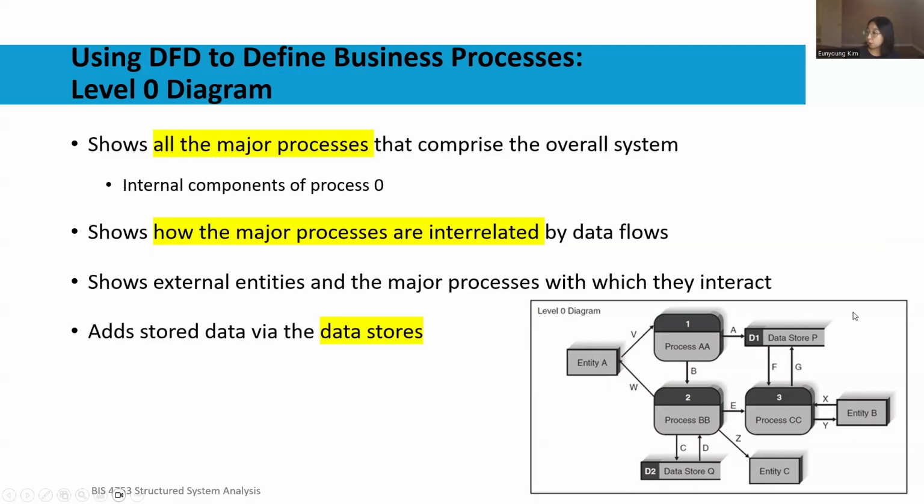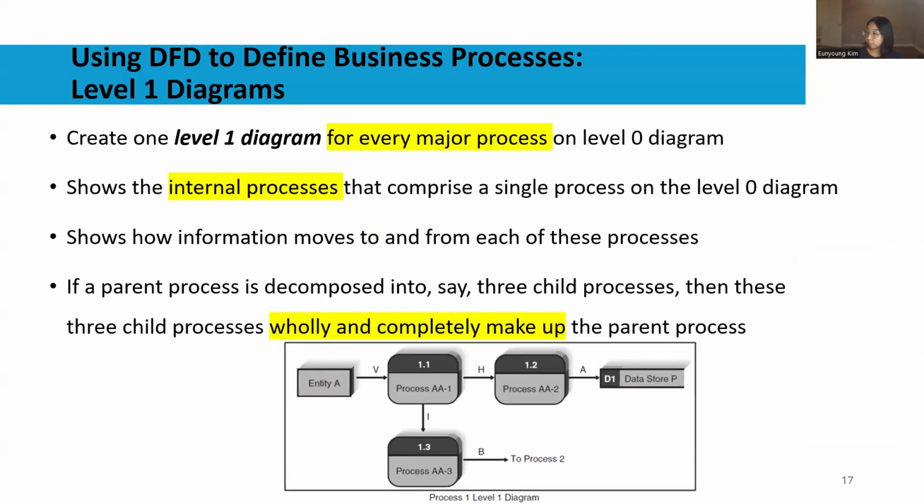So with this level 0 diagram, you can broadly understand what specific main function this system will do and how they are interconnected, right? And what data store it will use. So compared to the context diagram, you can get more understanding in this level 0 diagram. However, for example, you still don't know how actually the manuscript evaluation is processed.